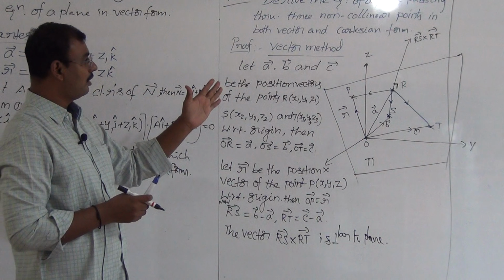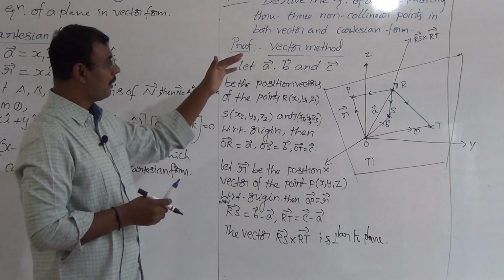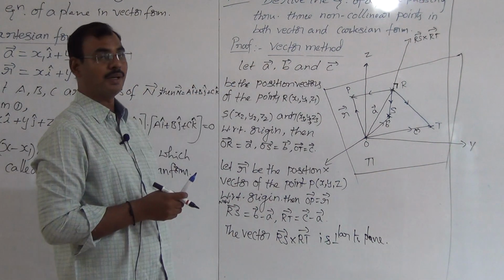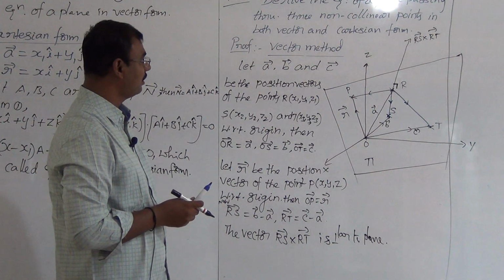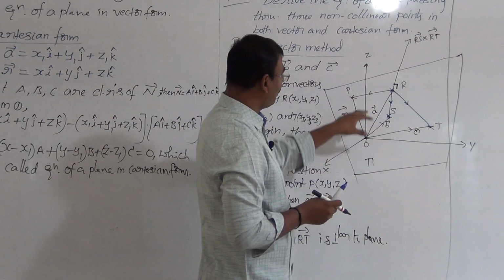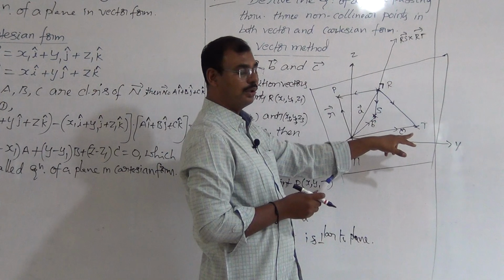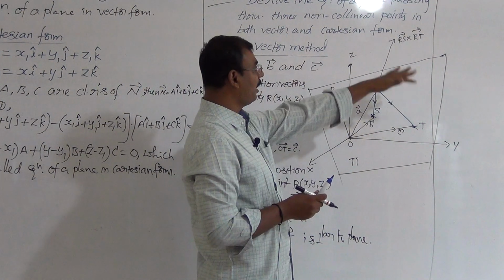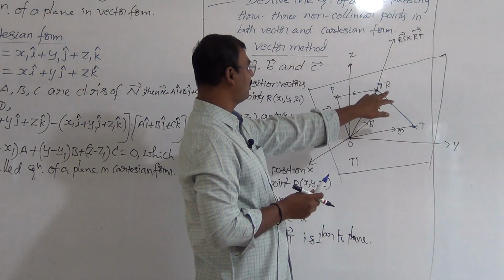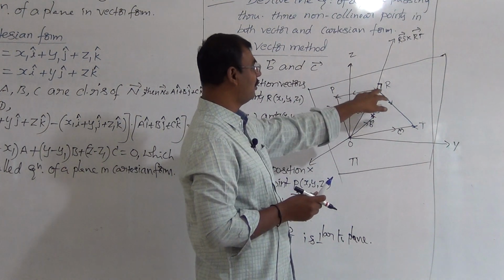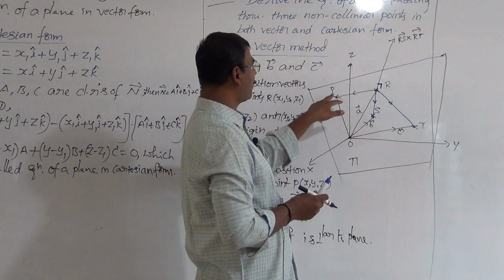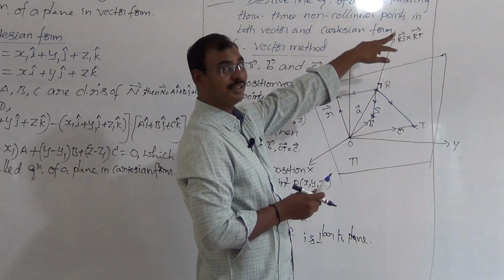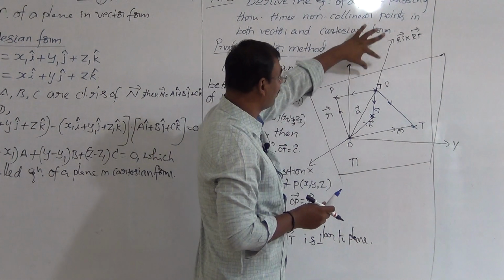Now this vector, observe, is it perpendicular to OR, OS, OT? No. Why? Because these are position vectors. But along the plane, which vector is there? RP vector is there. So RP vector is perpendicular to what? RS cross RT. Why? Because this is perpendicular to the plane.